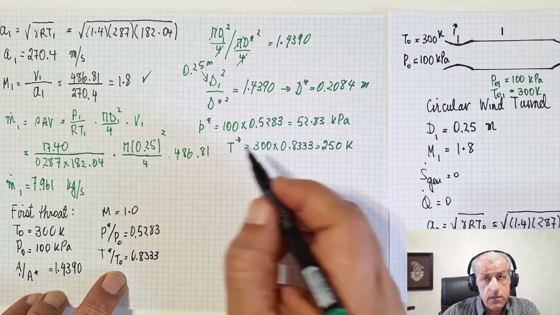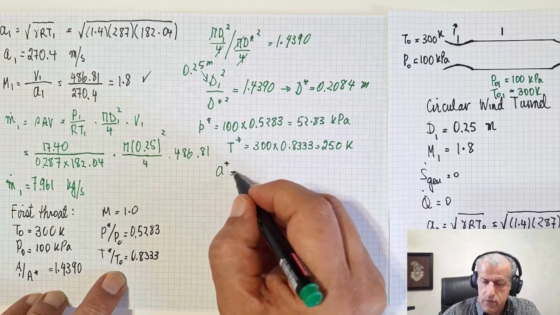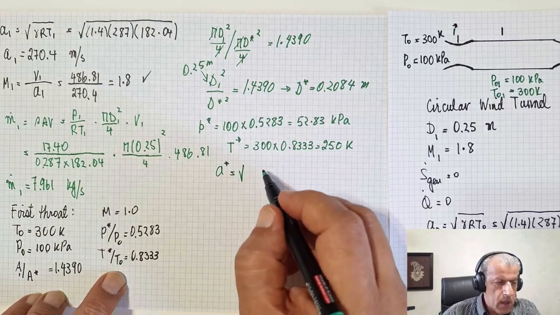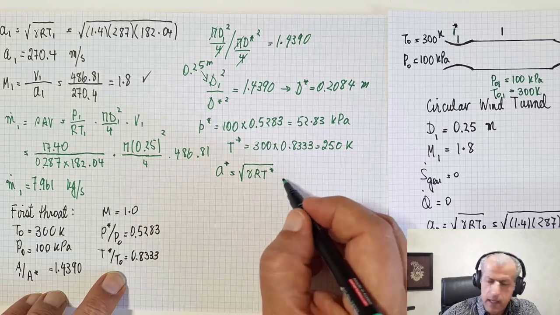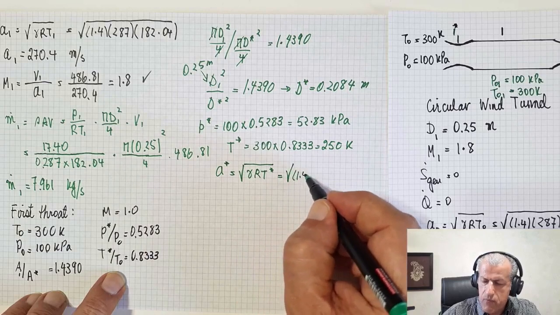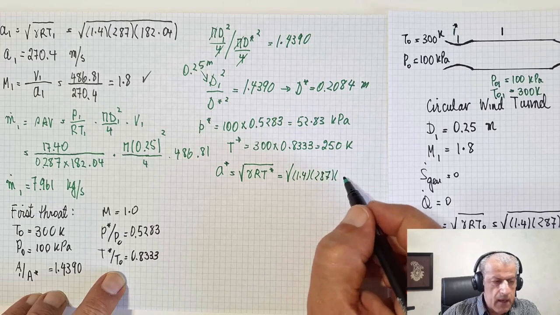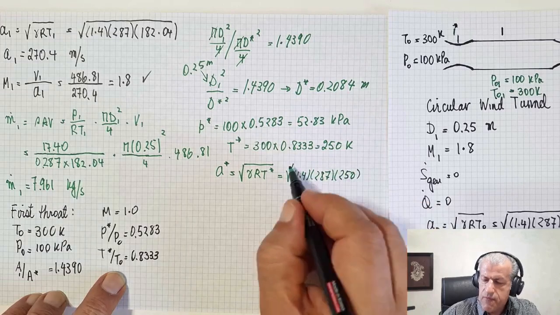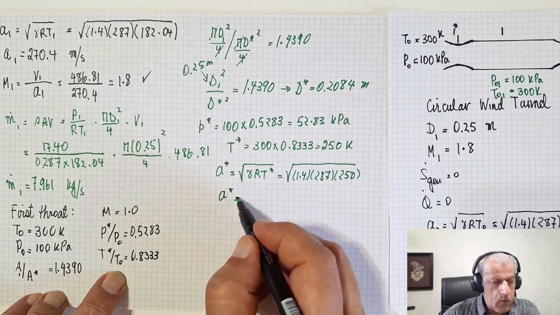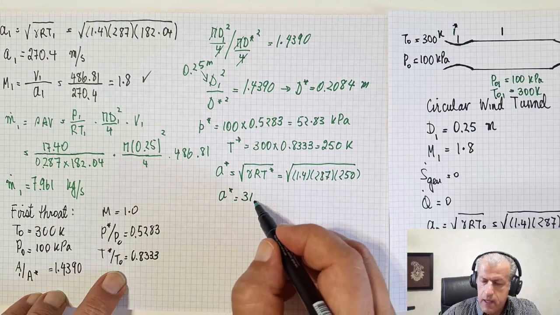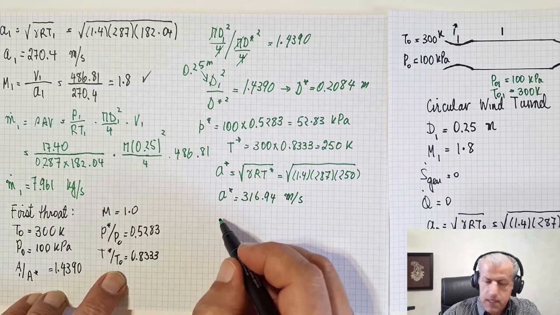And with the knowledge of T star, just like before, we calculate a star, the speed of sound, which is the square root of gamma R T star, and that equals the square root of 1.4 times 287 times 250, and a star would be 316.94 meters per second.